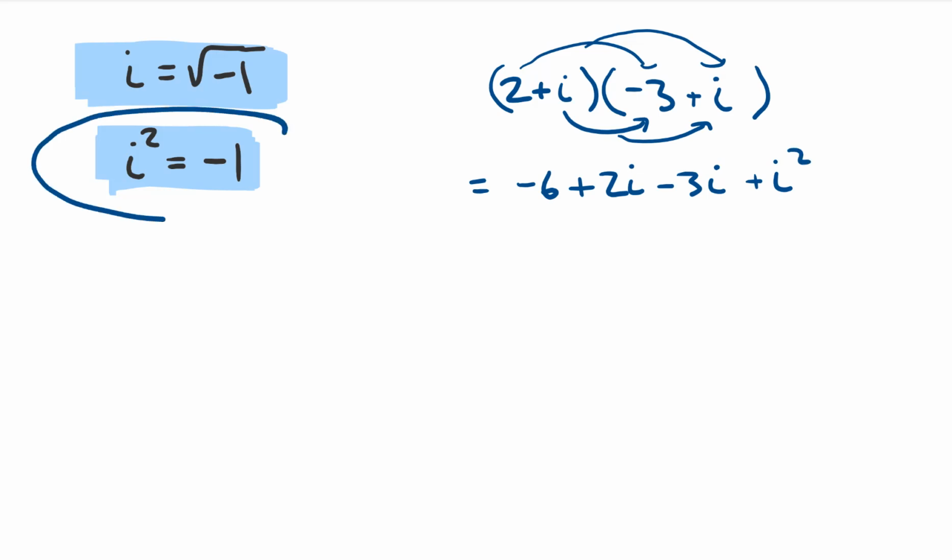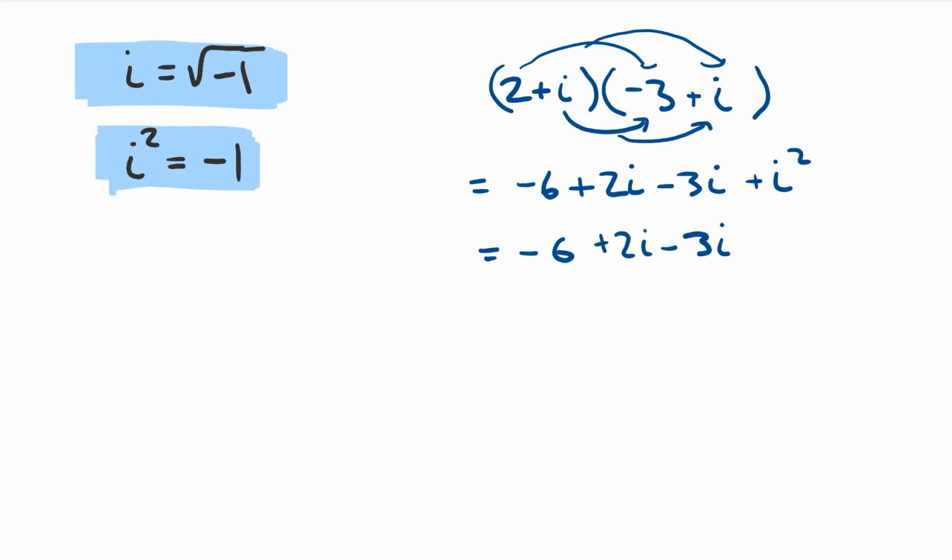Do you see how this might become useful now with that i squared? That's going to turn into a real number. So let's clean that up. We got negative 6 plus 2i. I'm going to rewrite it. And instead of plus i squared, we're going to replace it and say this is going to be negative 1.